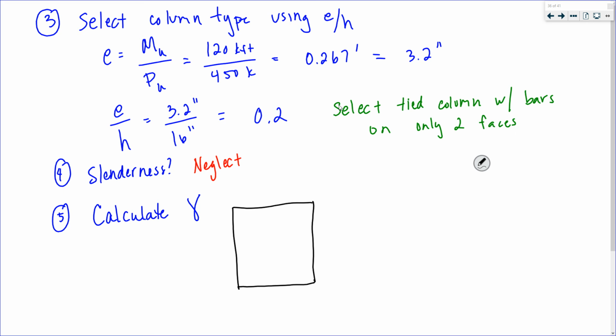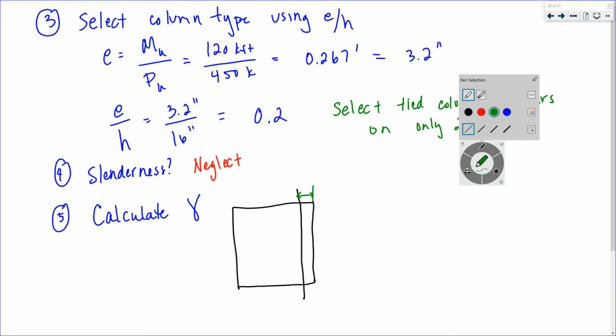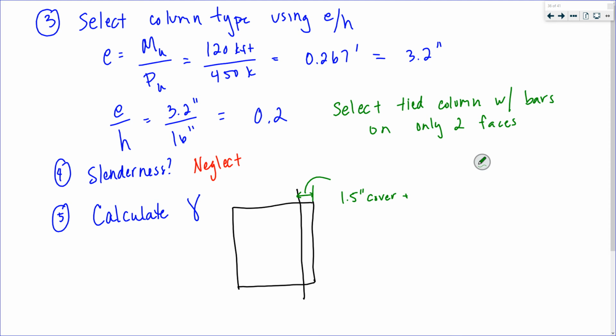From here to here, you have 1.5 inch cover plus, let's say, a number 4 tie, which has a diameter of 1/2 inch, and a number 8 longitudinal bar, so half a bar diameter is 1/2 inch. 1.5 plus 1/2 plus 1/2 is 2.5 inches.